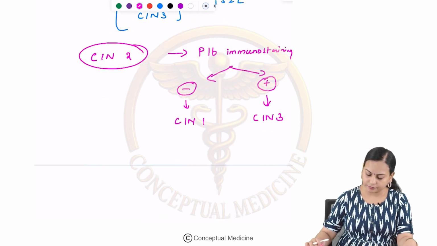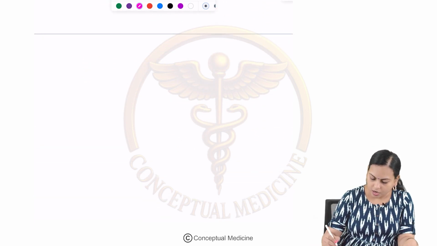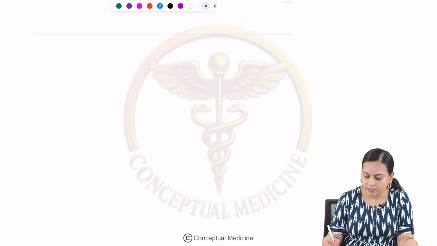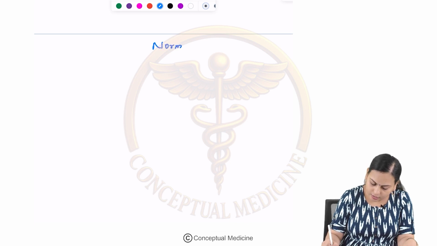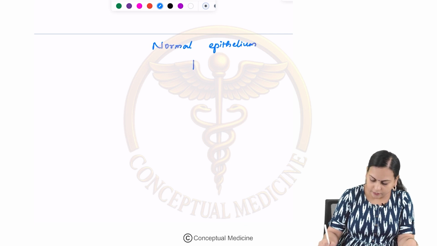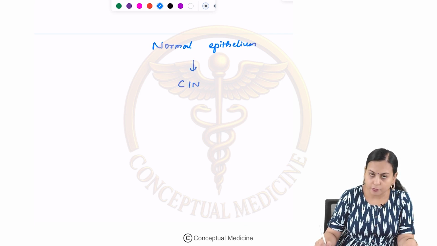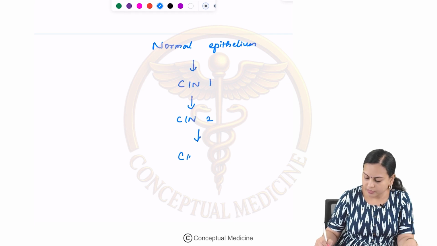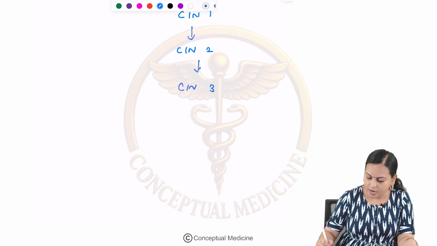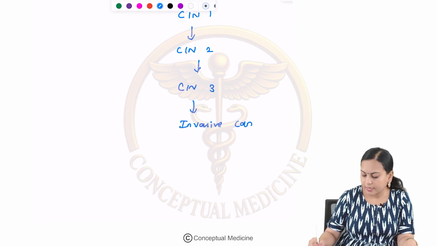Yes. So, how are the changes going to happen? A normal epithelium will be there. First, cervical intraepithelial neoplasia type 1, then type 2, then CIN type 3, and finally this will become invasive cancer.